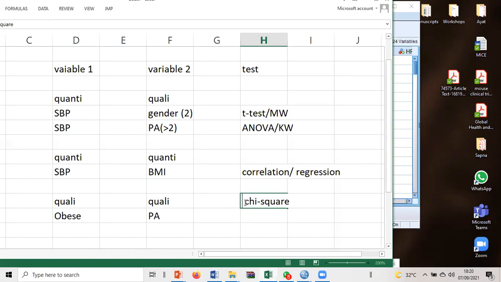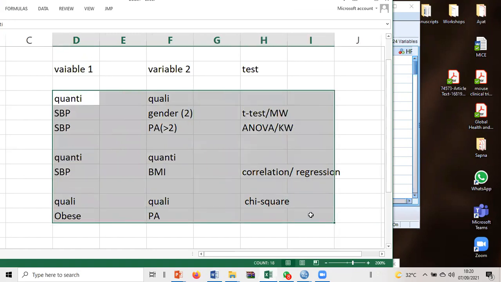So these are called the basic statistical analysis. Sometimes we call them diploma level statistics. Are you diploma level? No. You may be PhD, but when it comes to statistics, you are still diploma level.